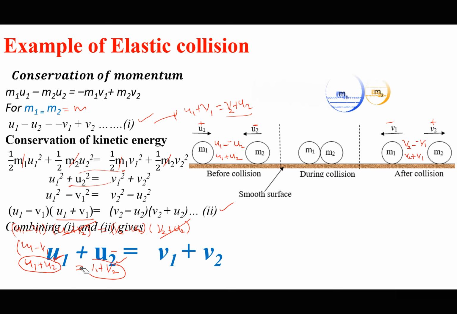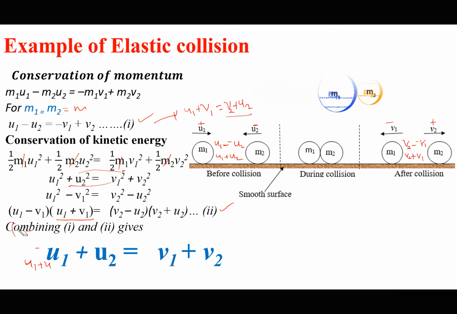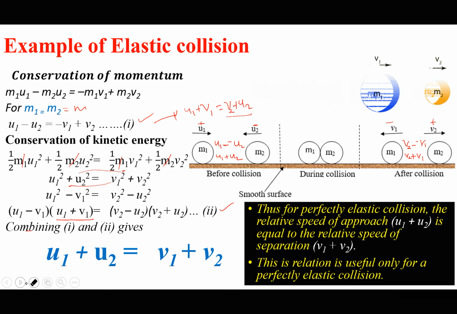So combining the two equations, I've come up with a situation that the relative speed of approach is equal to the relative speed of separation, and you should be able to derive that simple equation. So this is a perfectly elastic collision.